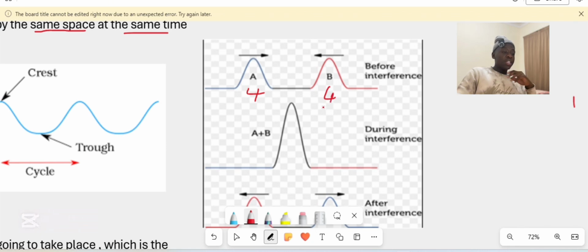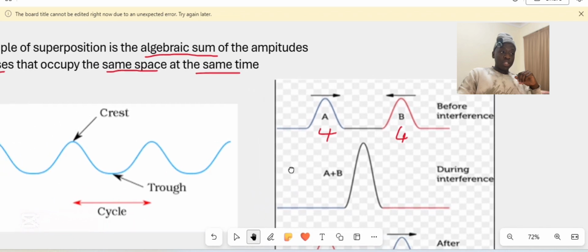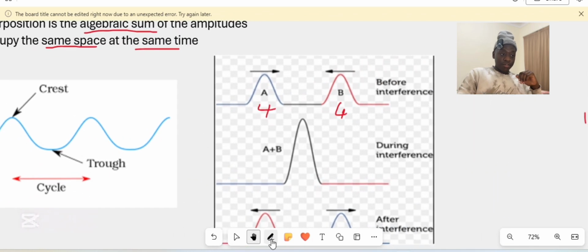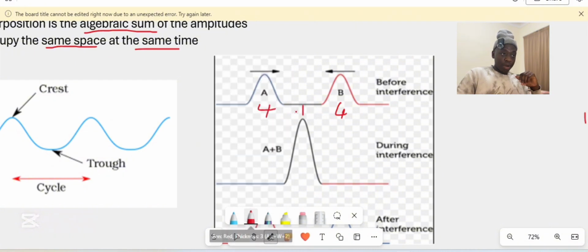So they have equal amplitudes, meaning that when they collide or interfere, they're going to add to each other. So 4 plus 4 leading to an amplitude of 8.